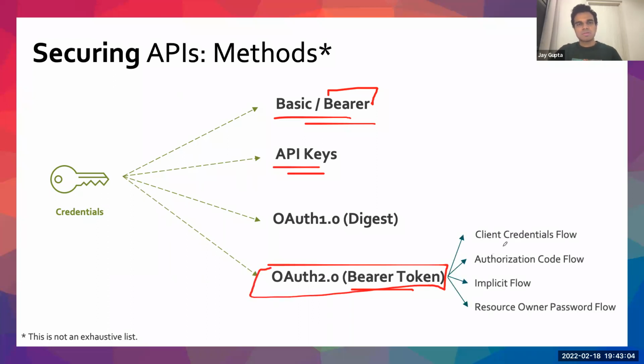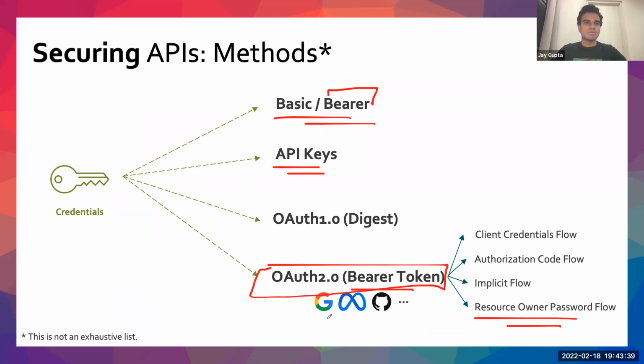It comes with 4 different flows. We do not need to go too in depth about the various forms of flows. It is out of the scope for this workshop, but just for reference, we will be focusing on the resource owner password flow. OAuth 2 is hands down the best choice for identifying personal user accounts and granting proper permissions. It is used by almost every tech company, or even I would say every company out there to authenticate.